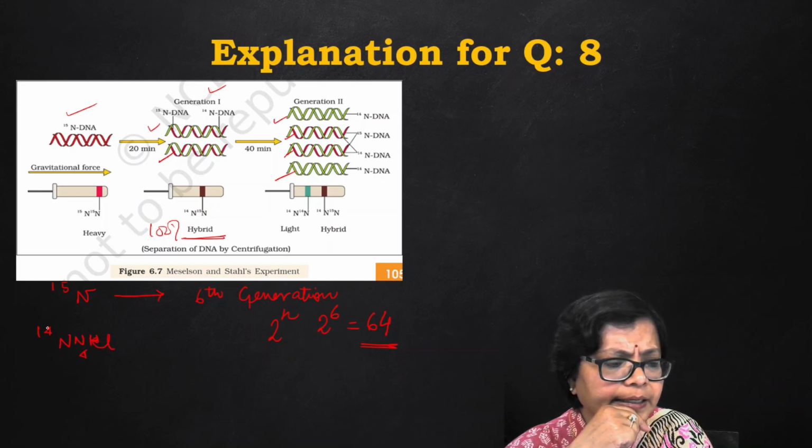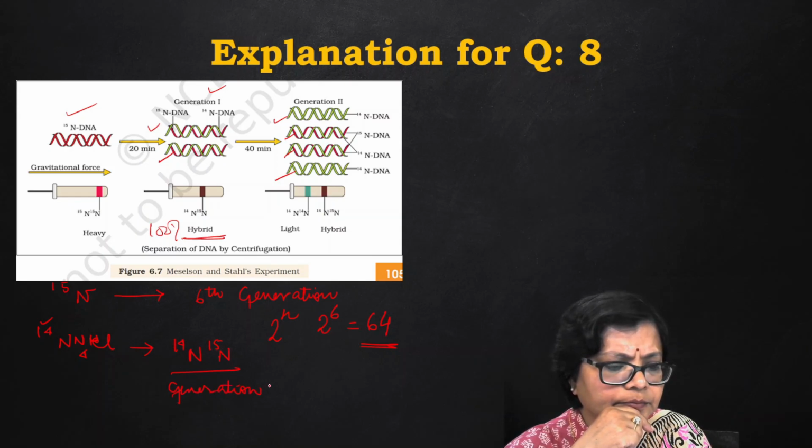Now here you see that initially it was NH4Cl, and here the N was 14. Then when it was allowed to grow in the medium containing N15, in generation 1, all were hybrid, that is N14, N15 type. First generation, all hybrid, that is 100% hybrid.